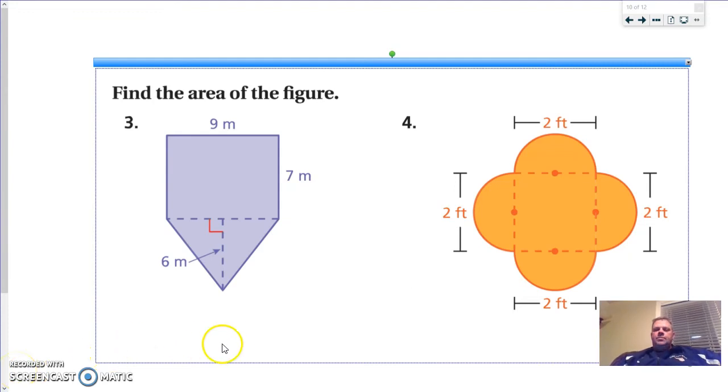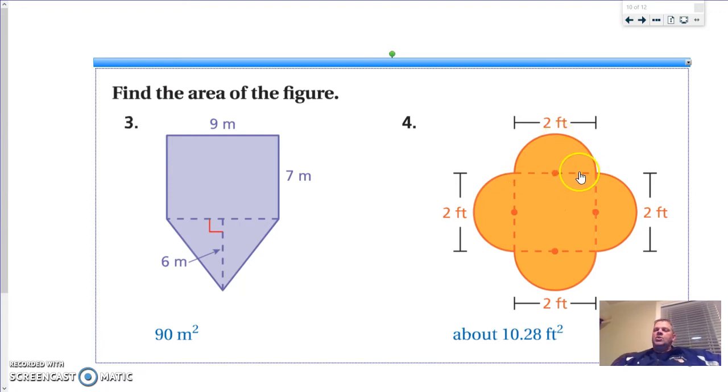Hopefully you've had time to come up with some answers. I know that we've got a total of 90 square meters in this one. And over here we've got about 10.28 square feet. So I've got a 2 by 2 for this, so my square is 4.